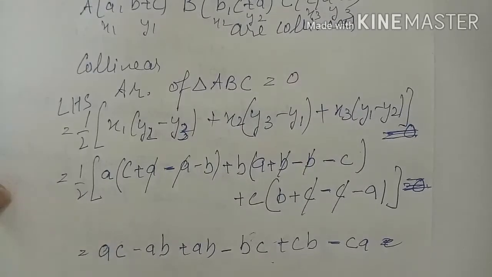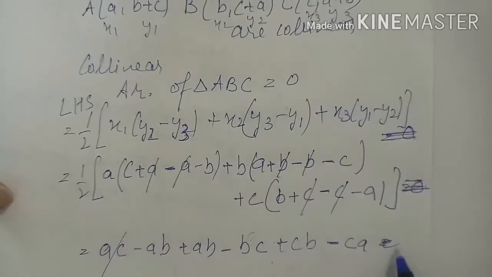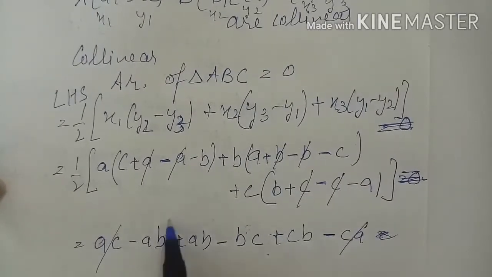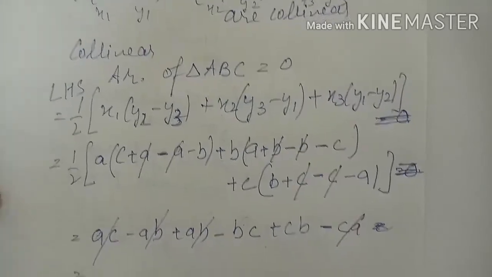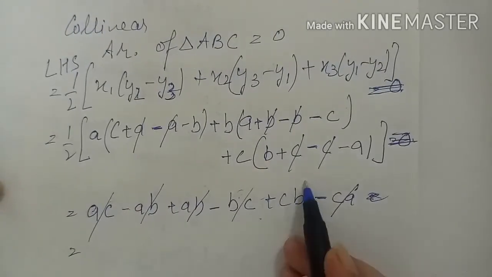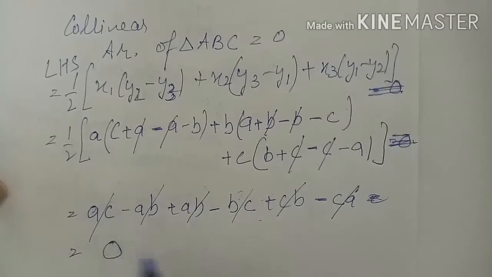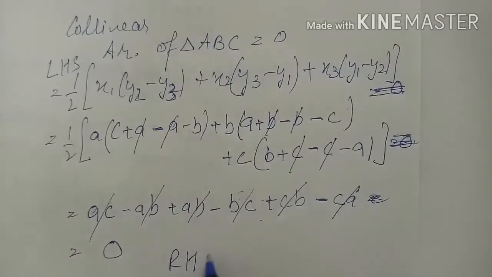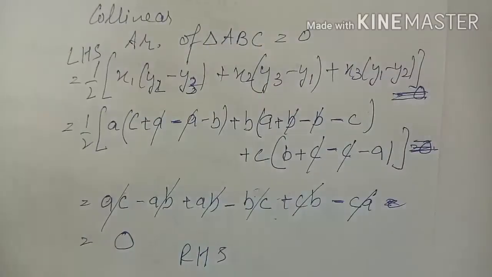Yes, then AC and AC will be cancelled out, AB and AB will be cancelled out, then BC and BC will be 0, so equals to 0, and this is the right hand side, so the points are collinear.